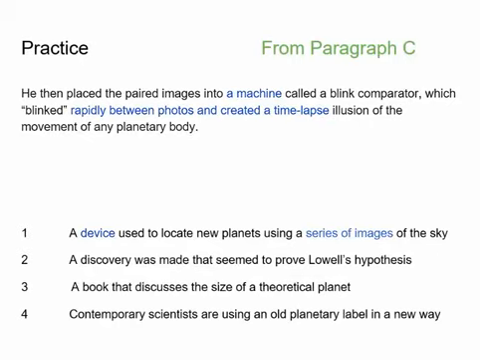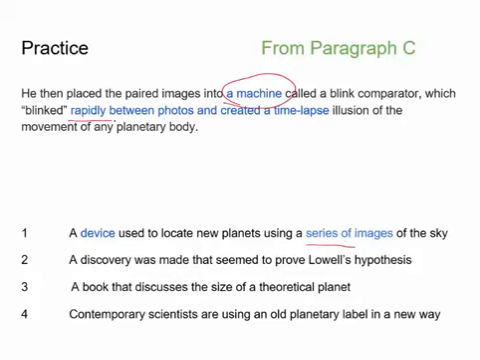The key information there, the paraphrasing we're seeing, is what you see in blue here. We're looking for a device, and that is a direct paraphrase of the word machine that was used in the passage. This blink comparator is the machine or device we're looking for, and this device captured a series of images, and that's what we get here.